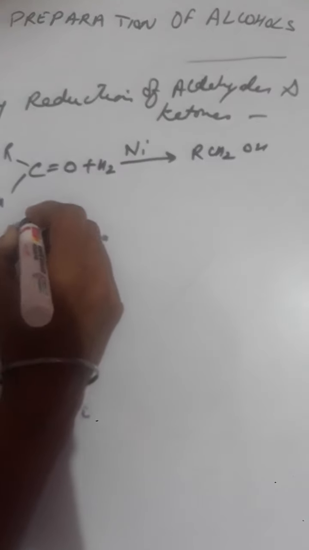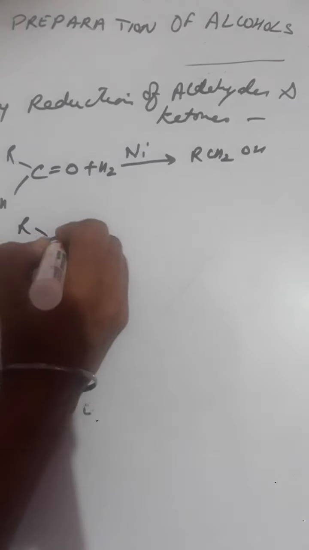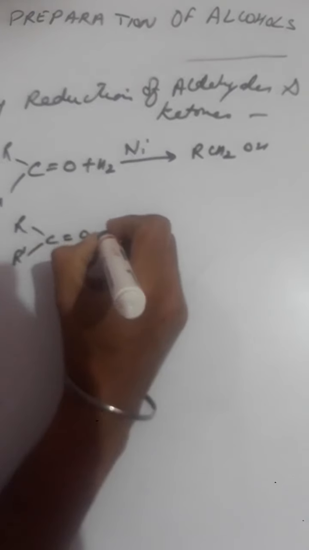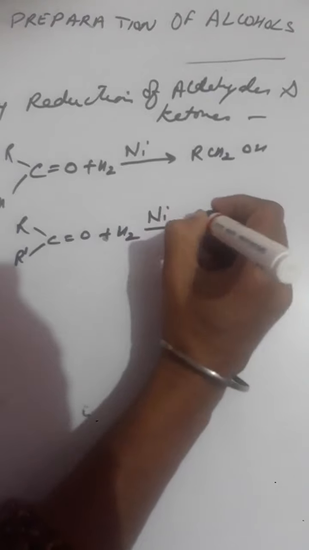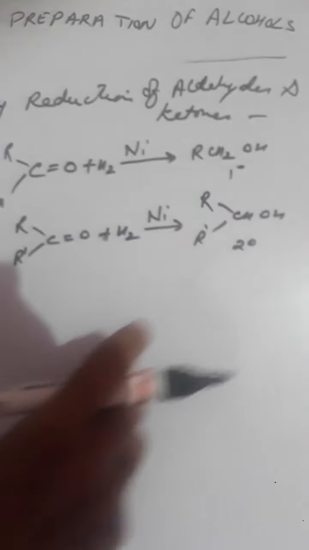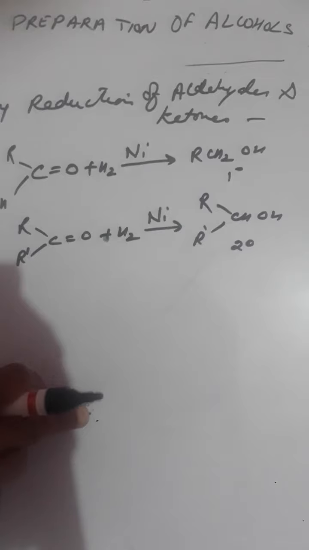And when the ketones are reduced, this is in the presence of nickel catalyst. This is your secondary alcohol and this was a primary alcohol.